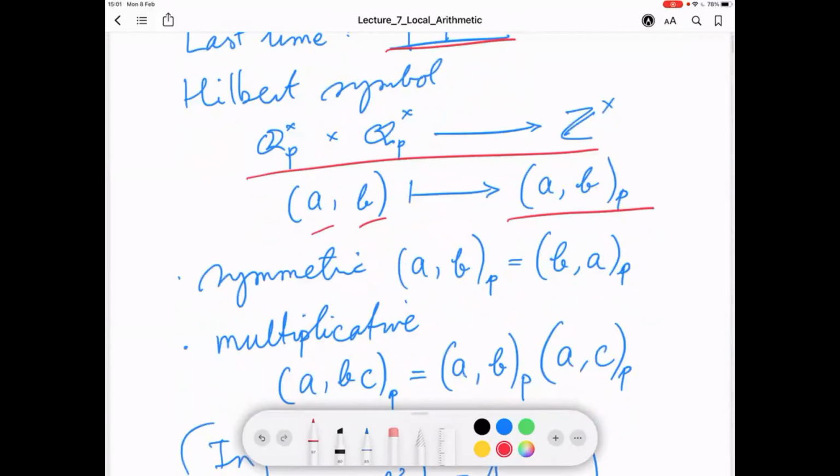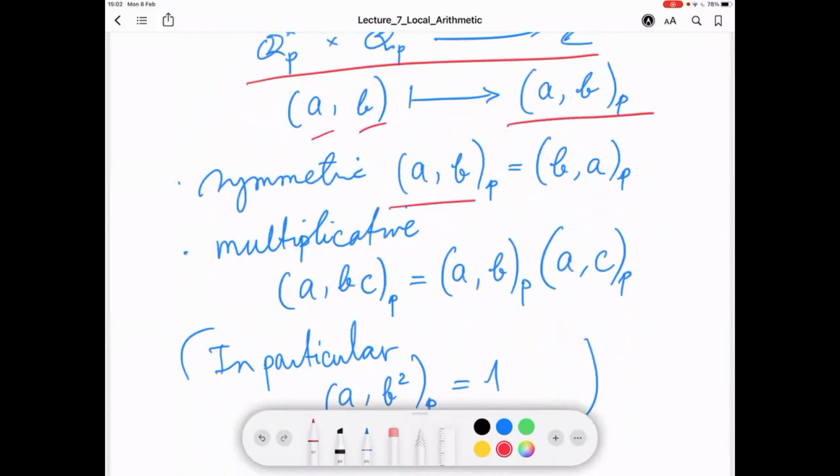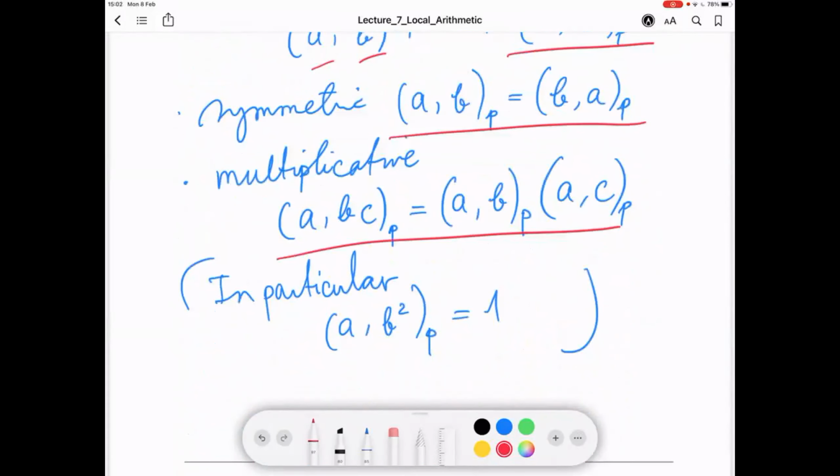Now, one of the basic properties of the Hilbert symbol was that it's symmetric and that it's multiplicative. So of course, with symmetry and this multiplicativity, it becomes bi-multiplicative, right? Multiplicative in the first variable as well.